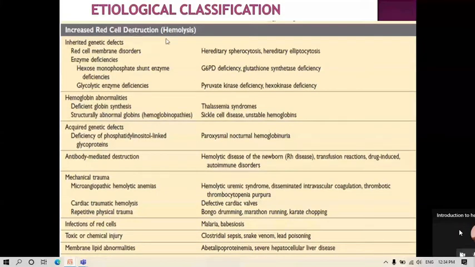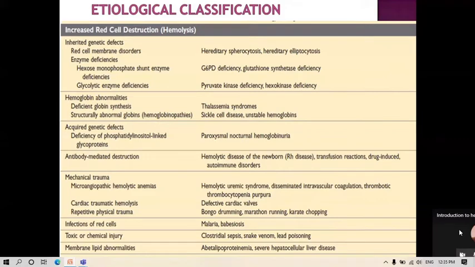So hemolysis can be because of some problems in the red cell membrane, which leads to change in the shape of the RBCs. We all know that RBCs are biconcave, and because of this biconcave shape, they are able to move easily through the spleen.